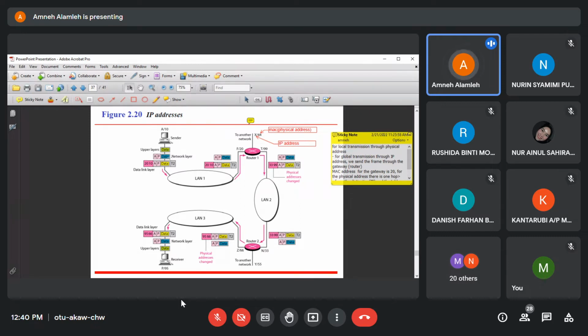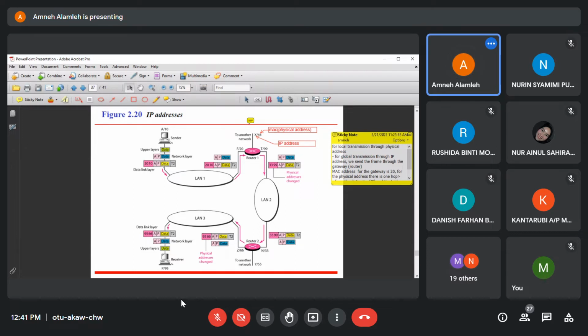And from the network layer to the data link layer, the data is now enveloped in a frame. So to transmit the data to another local area network, or to the other LAN, we have to add in the frame the physical address of the receiver on the other LAN. We cannot use only the IP address. From the network layer, we have the IP address of the sender and the IP address of the receiver.